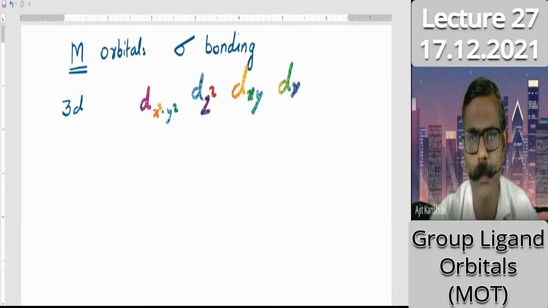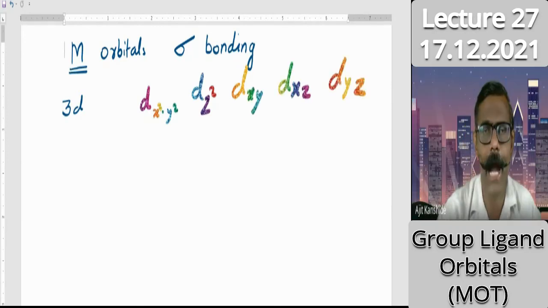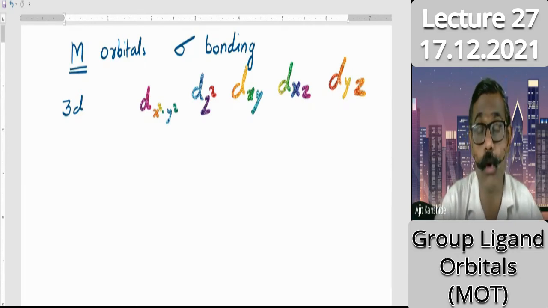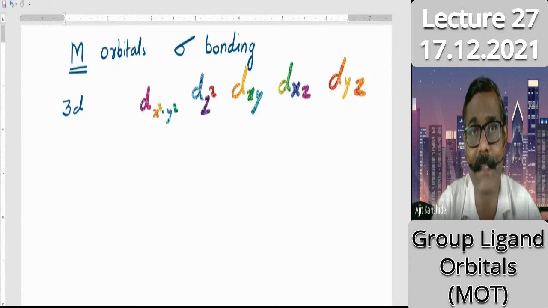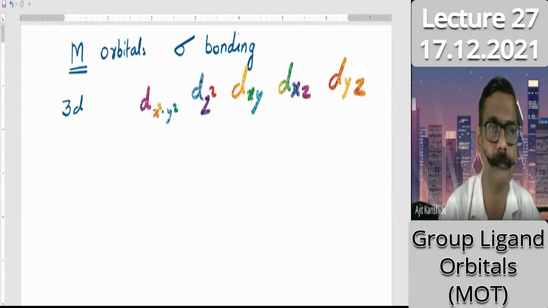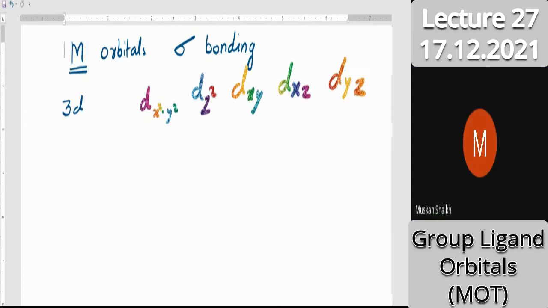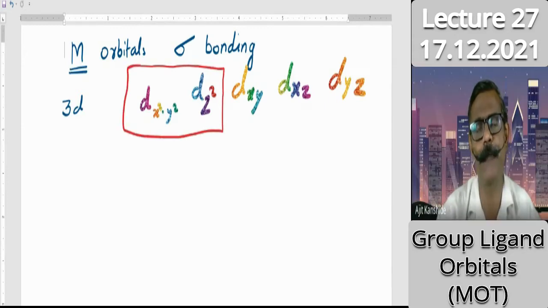dxz, dyz. Out of these five, which are involved in the two sets, one set is axial and one set is non-axial. Which d orbitals are axial? dz square and dx square minus y square, the first two. Absolutely.